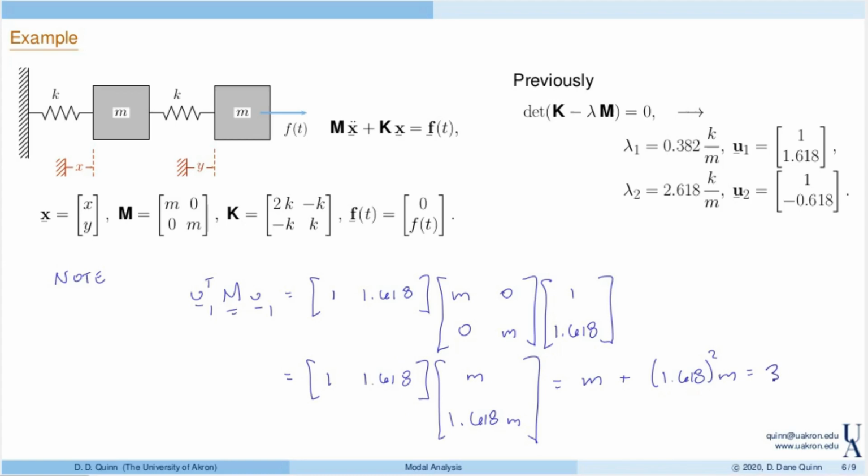And that ends up being 3.618 times m. Right, so this quantity here is 3.618 times m, and we'll keep that around because we'll need it later on. Likewise, we can do the same for u2, so for the second mode, and we find that this is 1.382 times m. Right, so I kind of did this ahead of time.